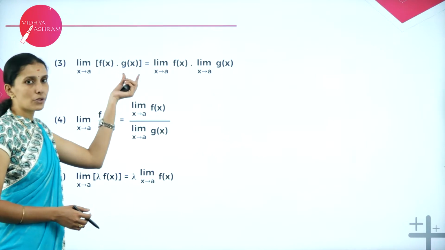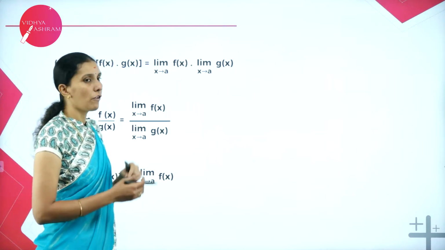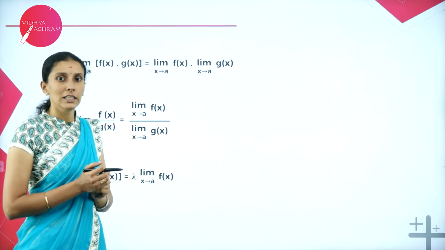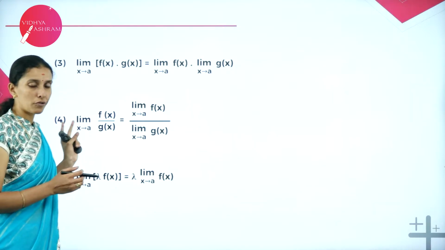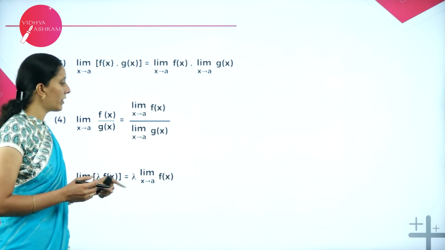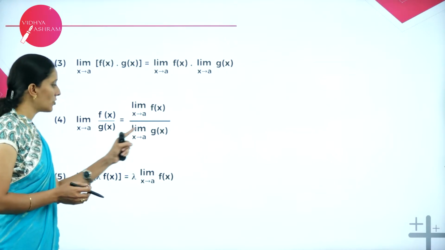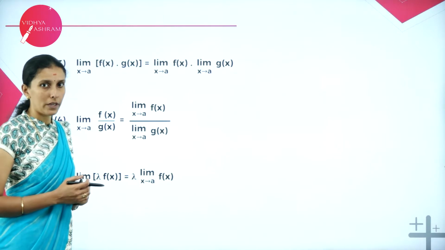The product of two limits f of x into g of x can be taken as limit f of x dot limit g of x defined on the same point x tends to a. The quotient of the two functions is written in the form of limit of f of x divided by limit of g of x, provided g of x is not equal to 0 because it is in the denominator.